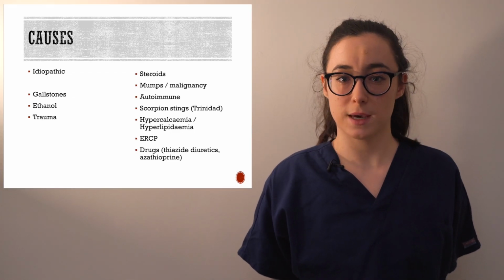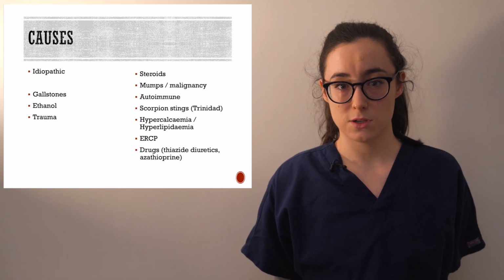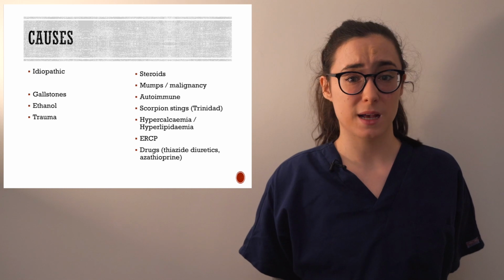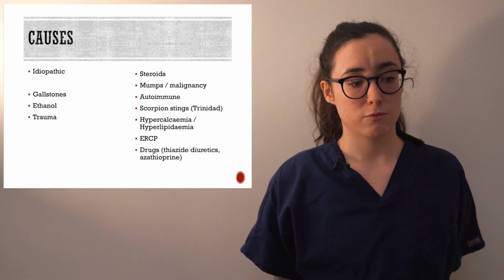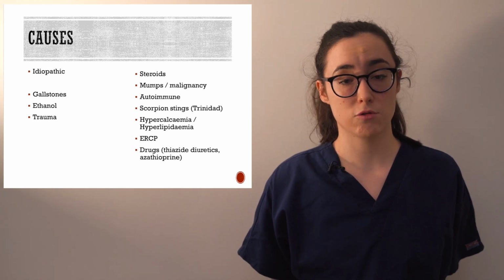Let's talk about the causes of pancreatitis. Now, assuming that you're all final year students, you will have met the following mnemonic. We can make the causes spell I GET SMASHED, but really the first three are the most important. So we'll go through them.